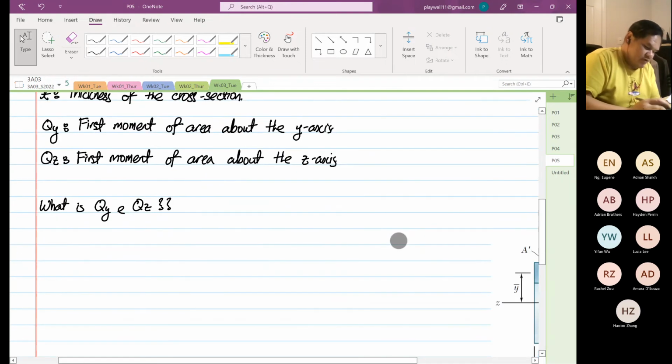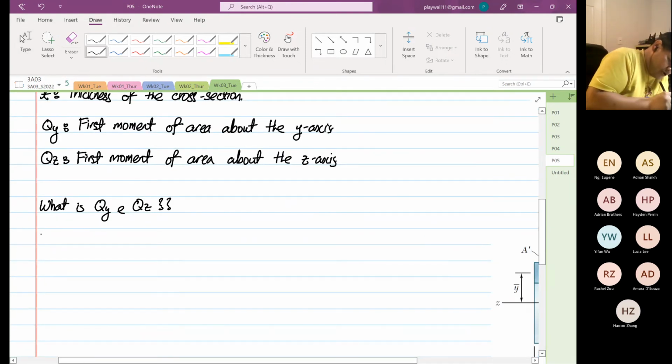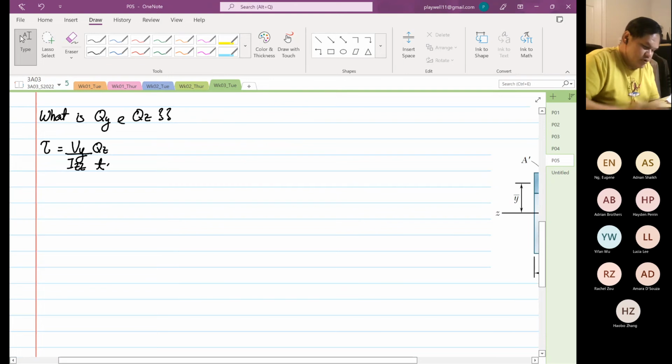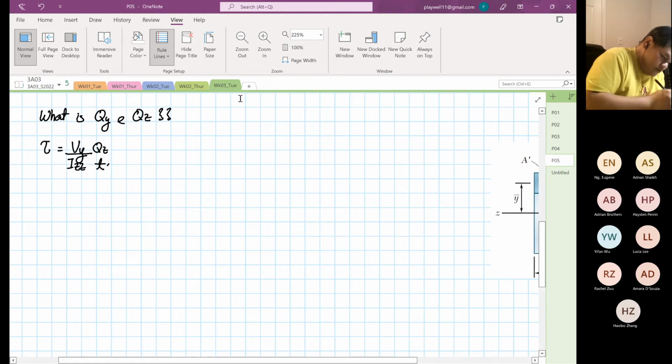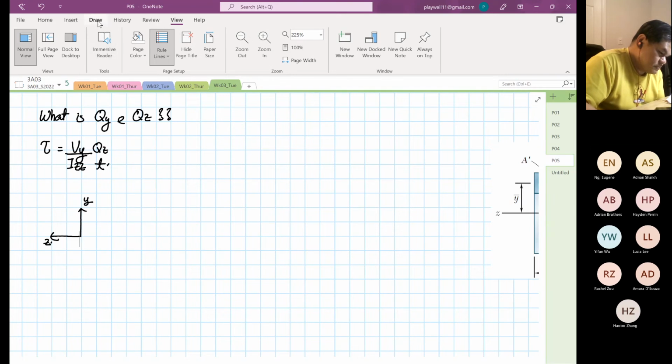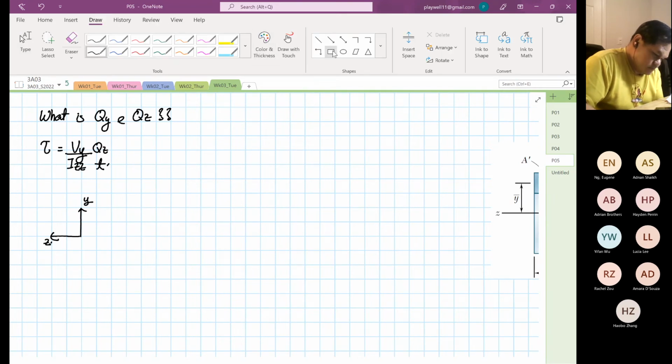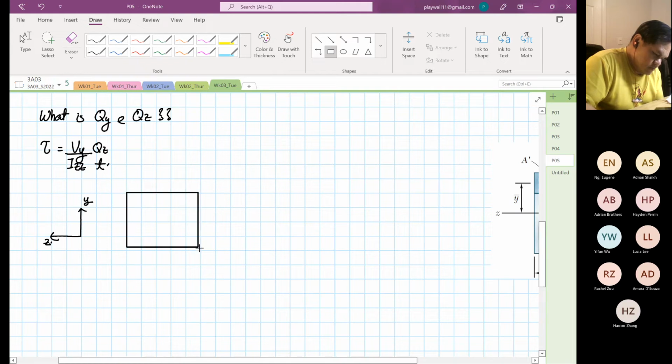Let's focus on one formula first. So we're going to look at shear equal to Vy over Izz multiplied by Qz divided by T. So we're going to sketch. Again, this is our transformation, Y and Z. I'll draw this diagram big.